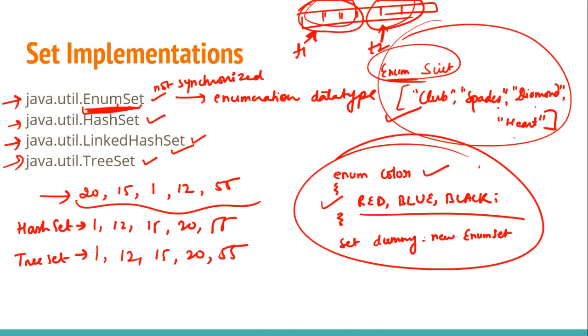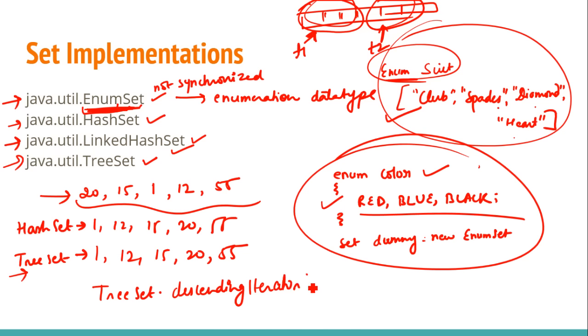Now set implementations also come in concurrent classes. And again, in tree set, one more point I would like to mention is by default the order is ascending, but if in your program you want descending order, then you can create descending order also. How do you do that? You simply say tree set dot descending iterator.